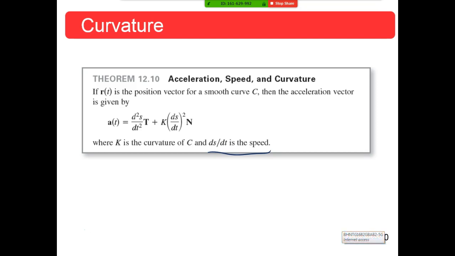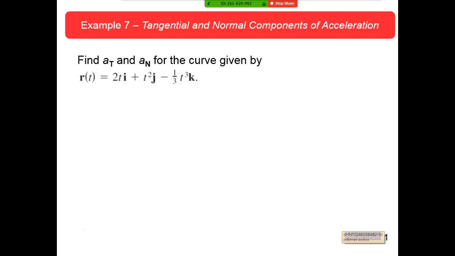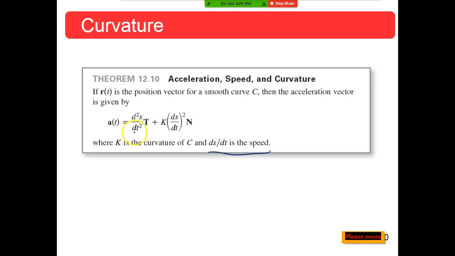They do a little proof here. Let me see, I don't think the slideshow does that. You can go through the proof if you'd like. It bases this back on the tangential component of your acceleration, which indeed was this, and the normal component of your acceleration, which we weren't using K back then.